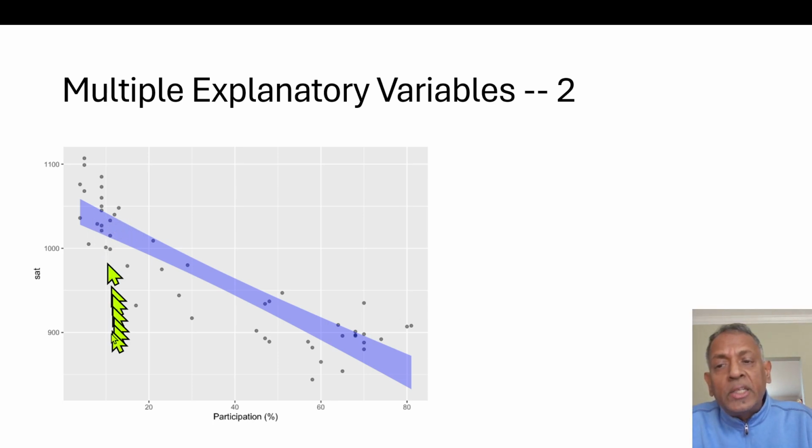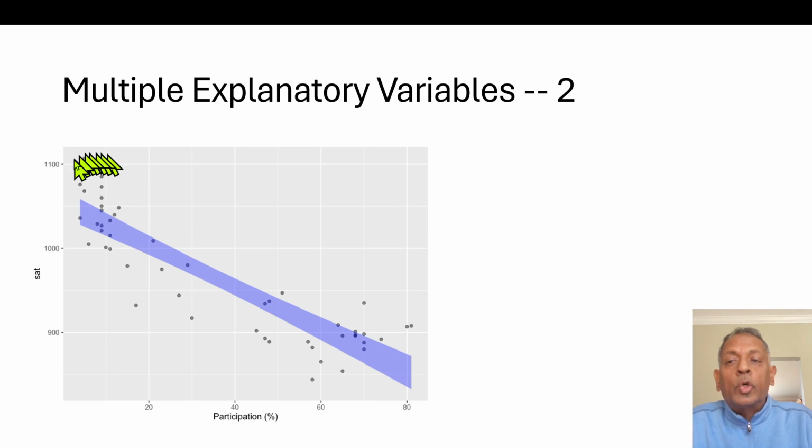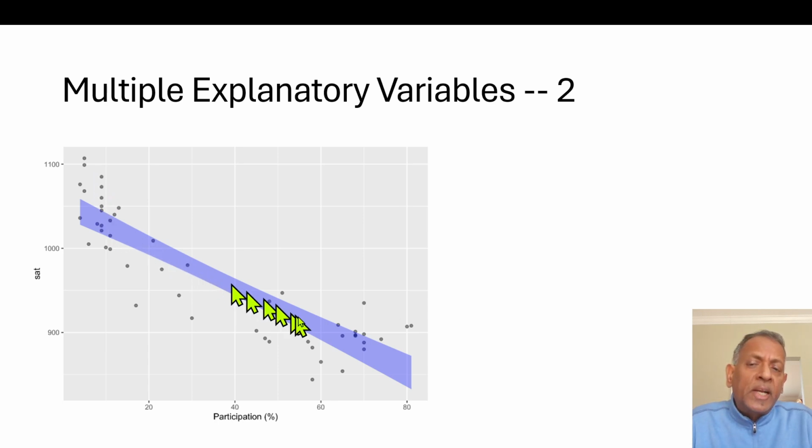So for states with lower participation, you're taking the average SAT scores of students who are more motivated. And for states where participation in SAT is very high, there you're taking the average SAT score of a much wider student population, and therefore the average is likely to go down.